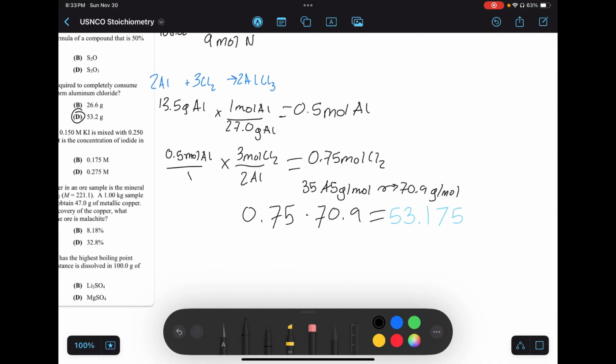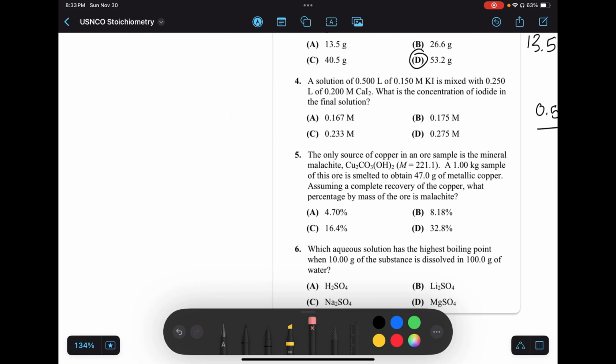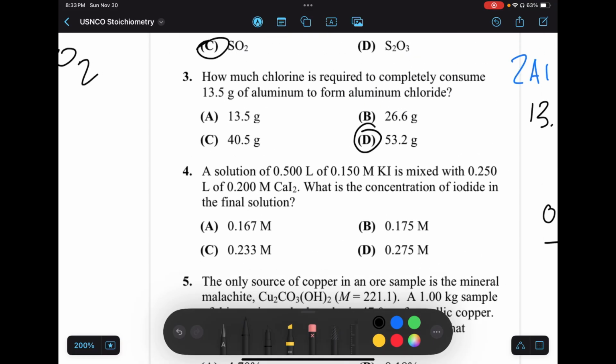This is kind of big, so I'll erase it so we have space for the next one. This question is a fun one because it's asking about the concentration of iodide. We have two iodine salts here.